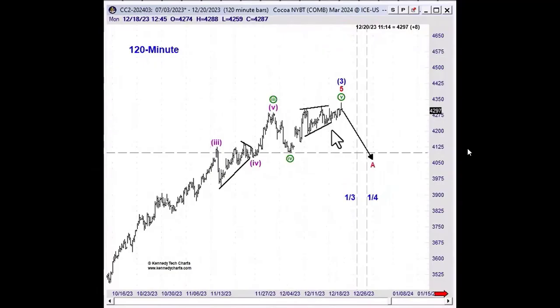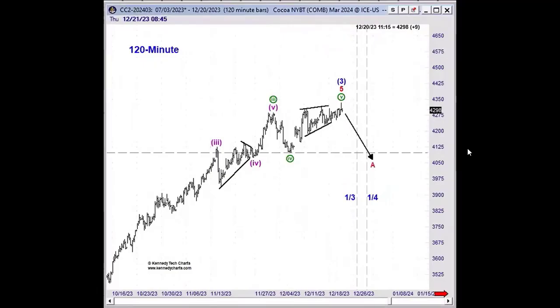It does have the appearance of an ending diagonal. And then with today's little spike up and reversal, we can make the case that the pattern is indeed complete. And just for educational and entertainment purposes, let's go ahead and say, okay, our ending diagonal wave 5 of 5 of 3 is complete. And it's complete at 43.34.